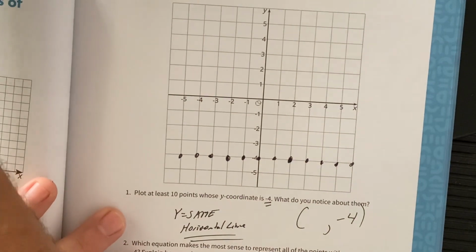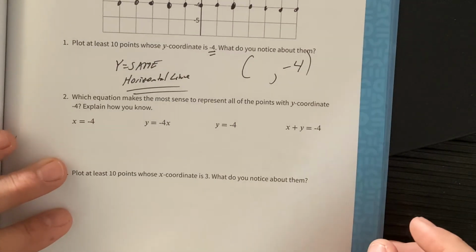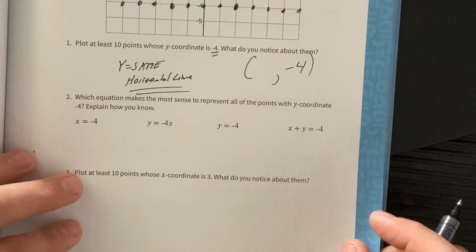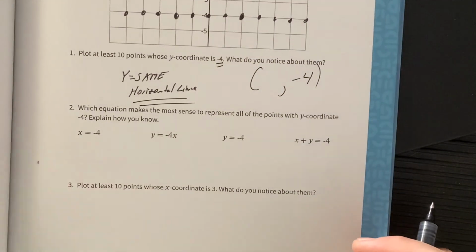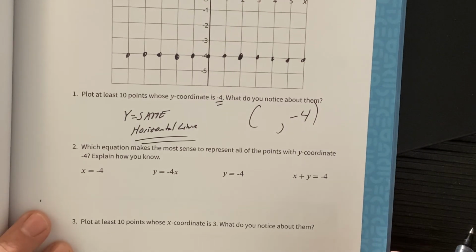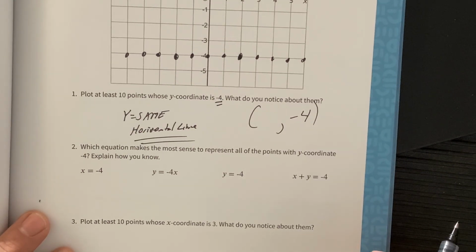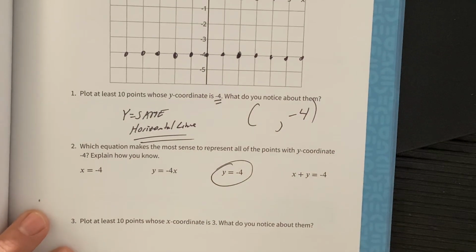Always is the case. Okay, question number 2. Which equation do you think would best specify that line? Give you 4 choices there. The third one. Yeah, the one where all the y's are -4.